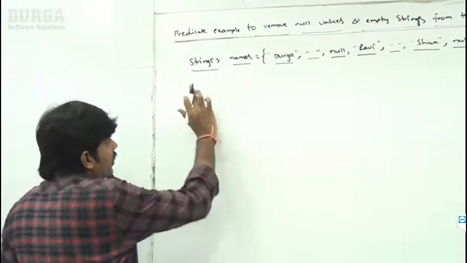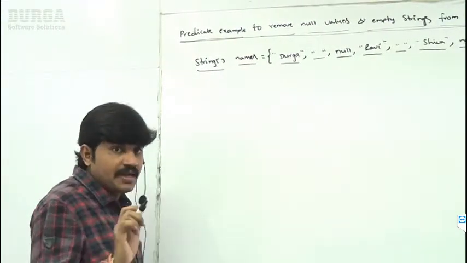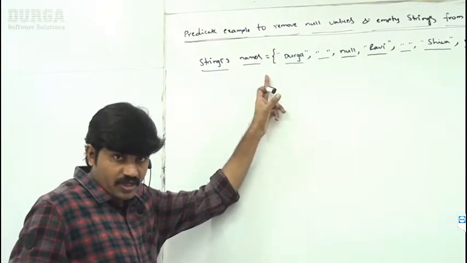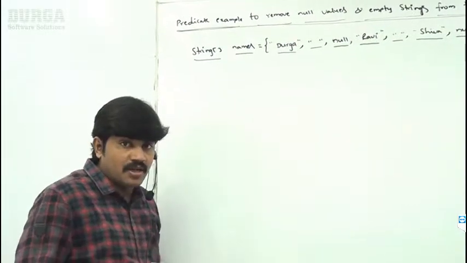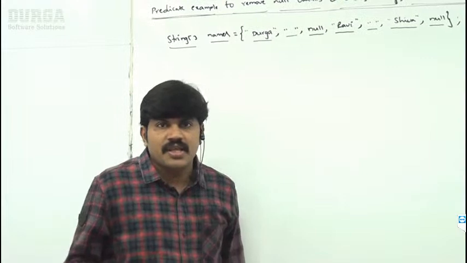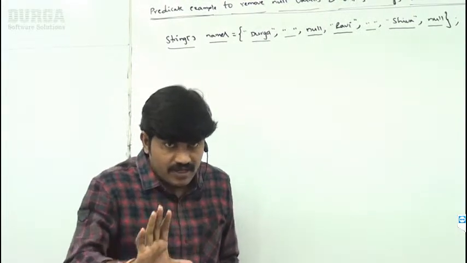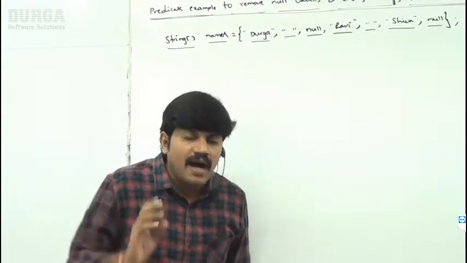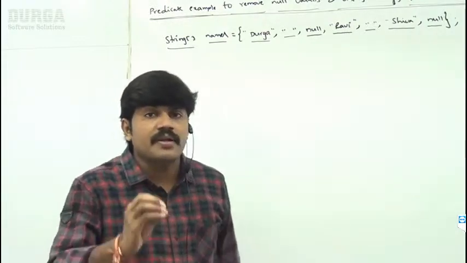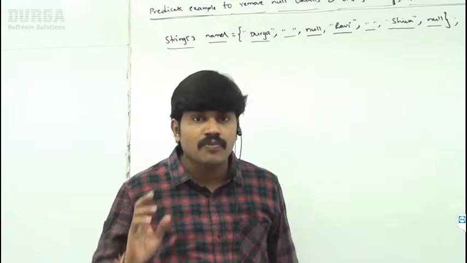I want to write a predicate. That predicate is always going to take a string as argument, and it will check whether that string is an empty string or a null value. If it is empty or it is a null value, it returns false.